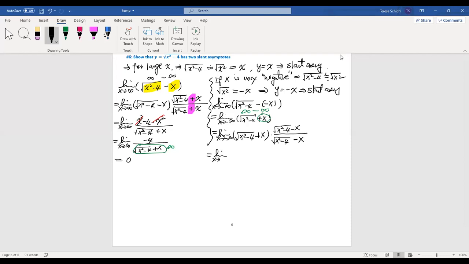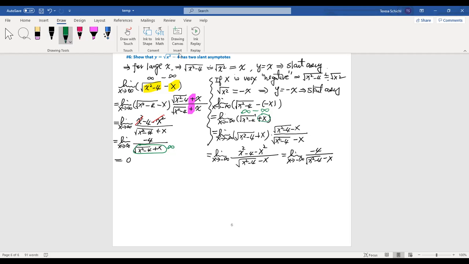This is a squared minus b squared, so the limit as x approaches negative infinity is negative 4 over the square root of x squared minus 4 minus x.